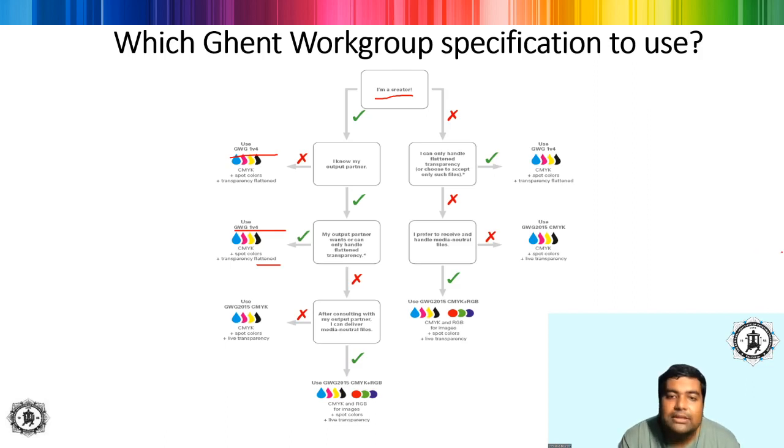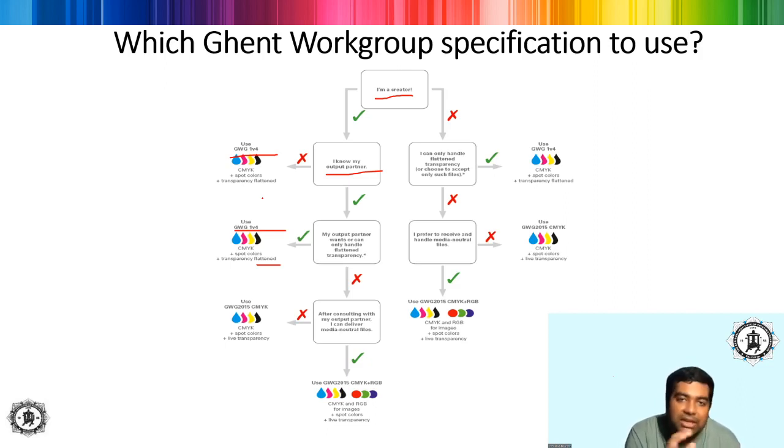Why does this workflow specify that you should use 1v4? Because once you don't know your output partner, it is safe to use a specification which is limited in what can be allowed and what cannot be allowed.